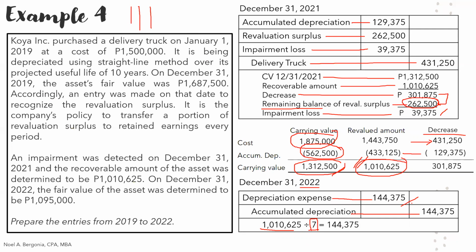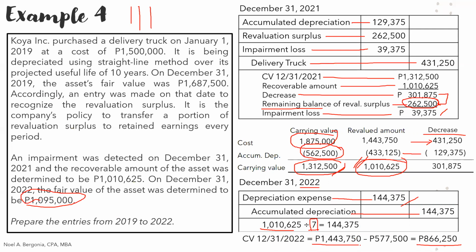Okay? So, bago tayo mag-revalue ulit, kasi ang sabit, the fair value was 1,095,000. So, nag-increase ulit. So, the carrying value po as of December 31, 2022, after depreciating the asset was 866,250 na. Okay? So, saan nagaling itong mga values? Itong 1,143,750, yan yung kanina, doon sa cost natin na revised na revalued amount.